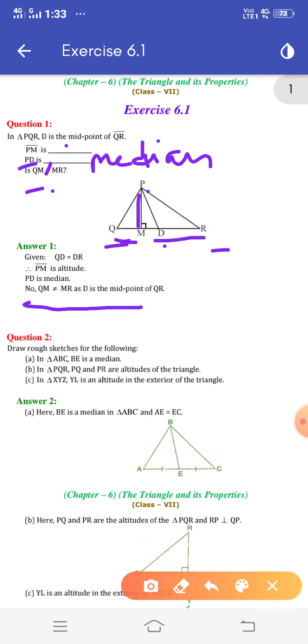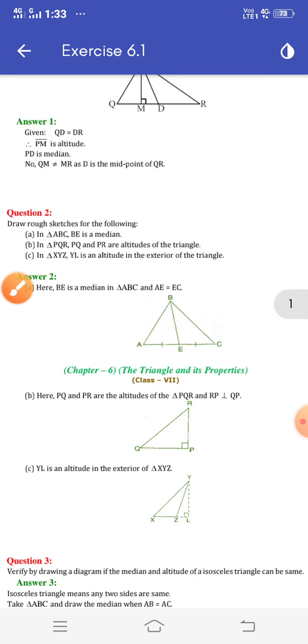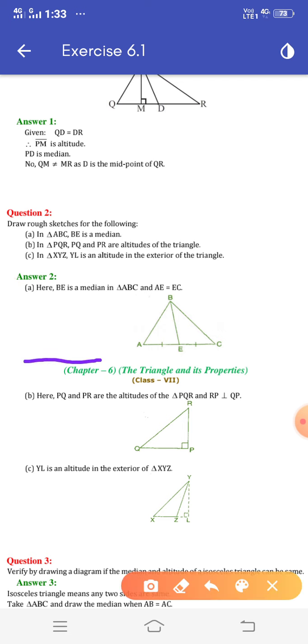Now sum number 2. In this sum, draw a rough sketch for the following. A triangle ABC. First of all, you have to draw a triangle ABC. So you have to draw a line AC.